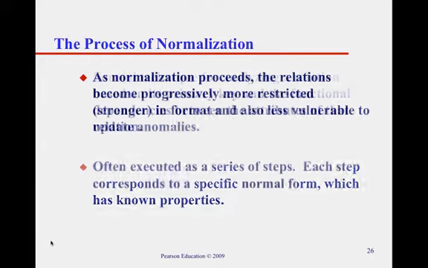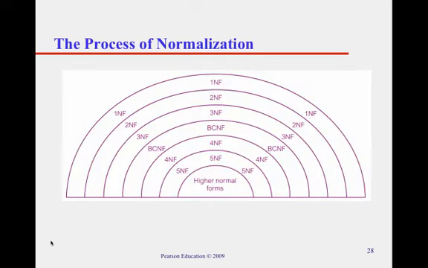There's actually a whole series of normal forms, and we're only going to go up through third normal form. Researchers have come up with a whole set of higher normal forms. BCNF stands for Boyce-Codd.